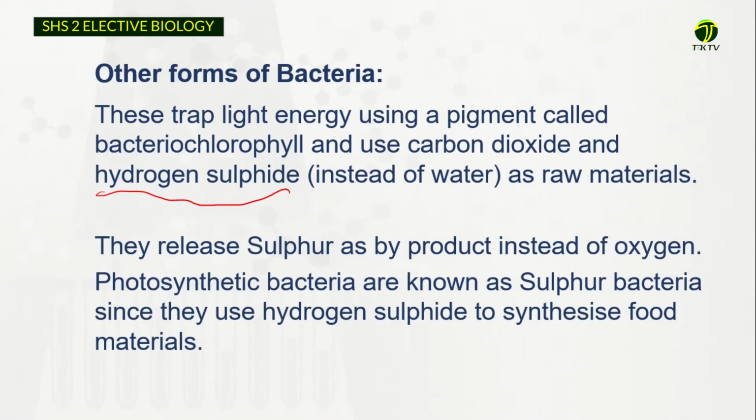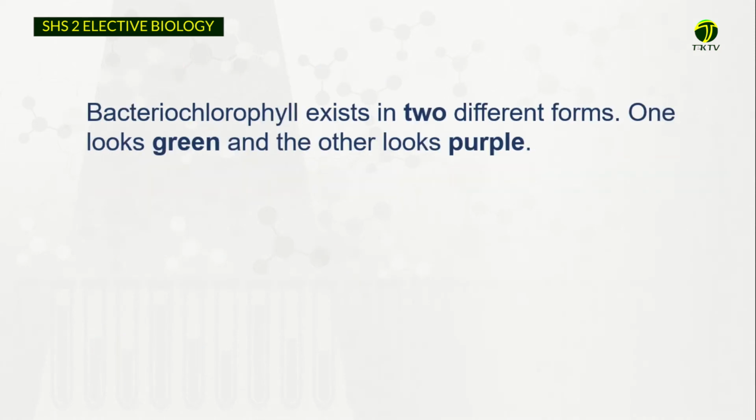Therefore, these types of photosynthetic bacteria are known as sulfur bacteria, since they use hydrogen sulfide instead of water to synthesize their food materials. And the bacteriochlorophyll exists in two different forms. One looks green, the other looks purple.